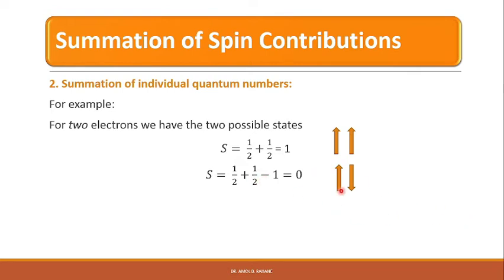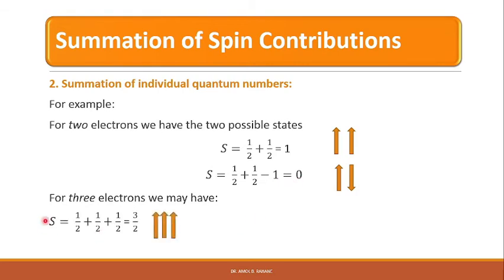In the first case the spins are parallel and therefore we write 2 up arrows, while in the second case the spins are paired or opposed, and therefore we write one up arrow and one down arrow. For 3 electrons, S is equal to 1 half plus 1 half plus 1 half is equal to 3 by 2. That means 3 up arrows. Or S is equal to 1 half plus 1 half plus 1 half minus 1 is equal to 1 half.